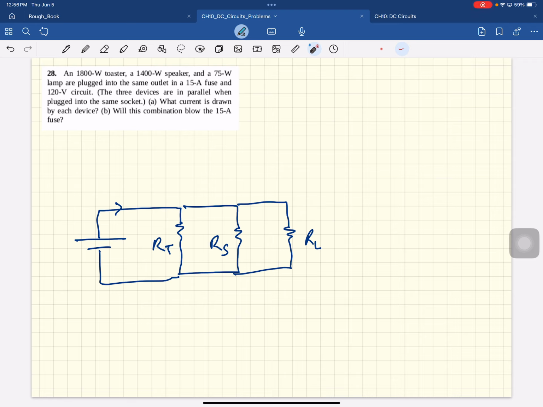All right, let's see what is the current the toaster draws when it's working by itself. We'll see what each of those draw. Okay, so there are all these, see, 120 volts. Okay, and power of the toaster is the voltage it sees times the current in the toaster.